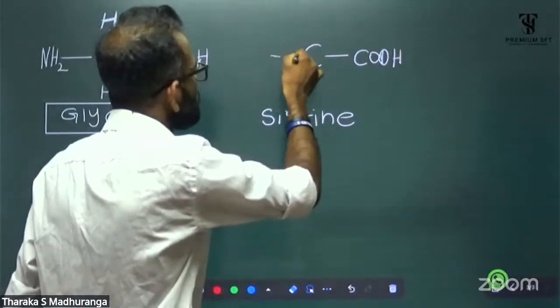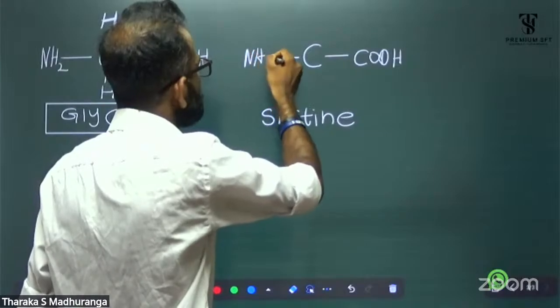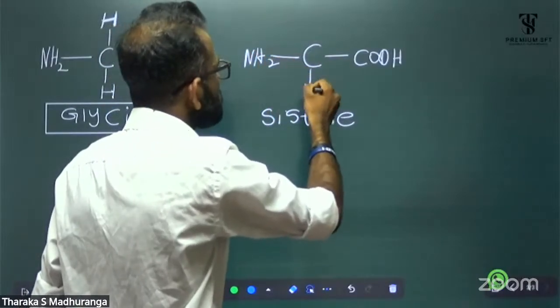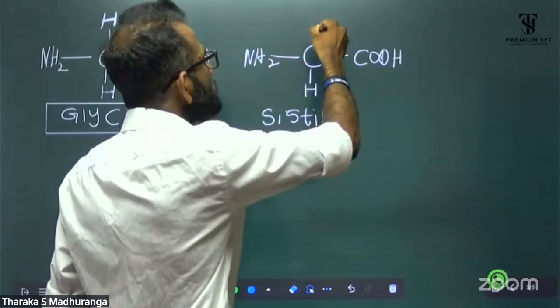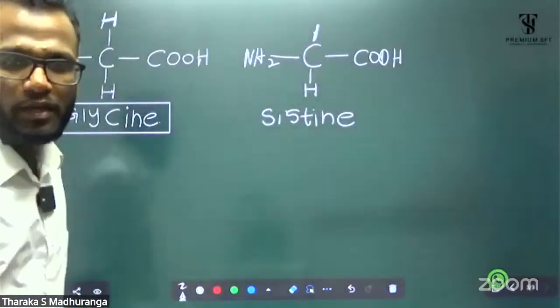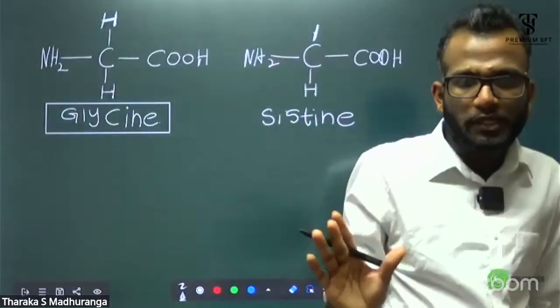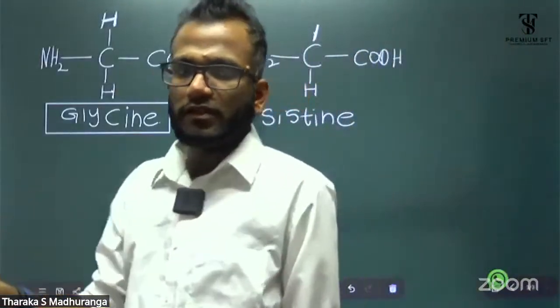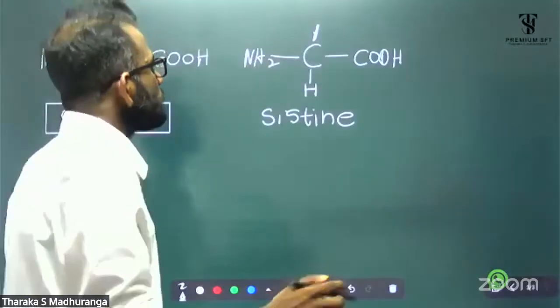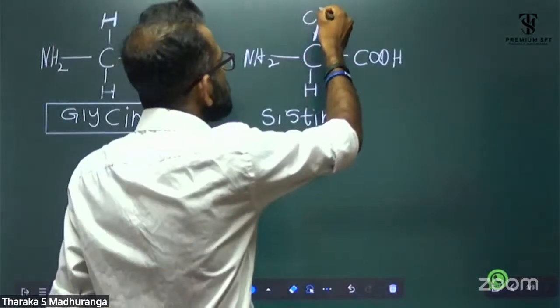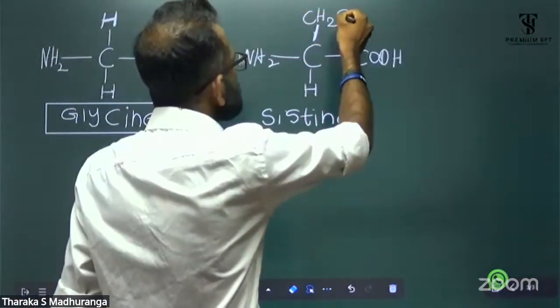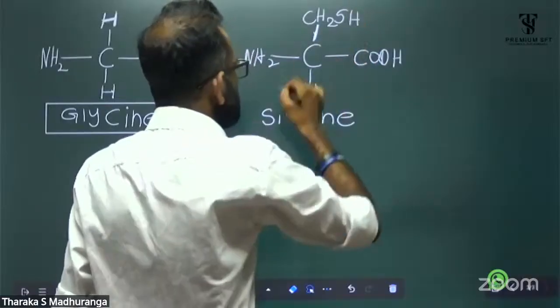The functional groups are the same, and only the R carbon chain is changing from amino acid to amino acid. In cysteine, the R carbon chain is replaced by CH2SH.